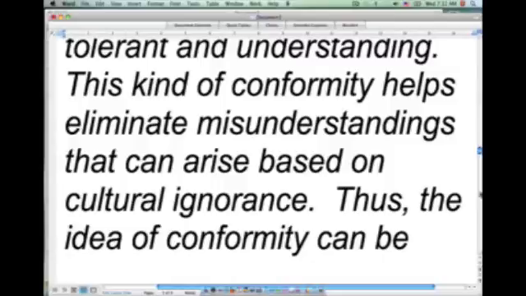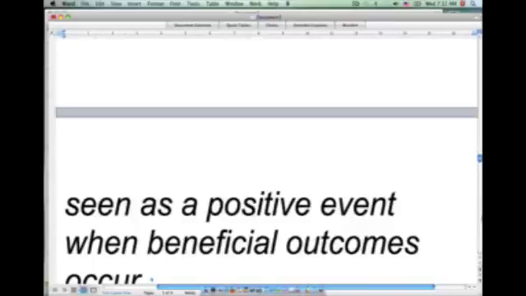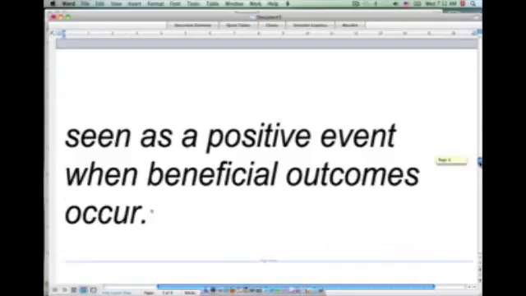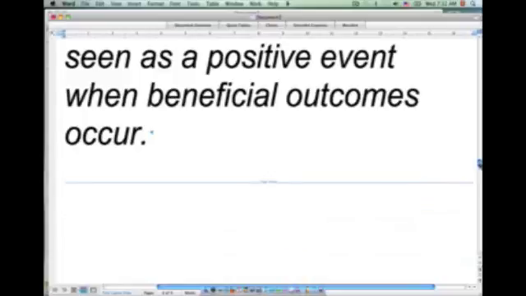This kind of conformity helps eliminate misunderstandings that can arise based on cultural ignorance. Thus, the idea of conformity can be seen as a positive event when beneficial outcomes occur.